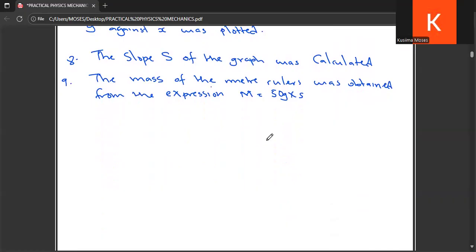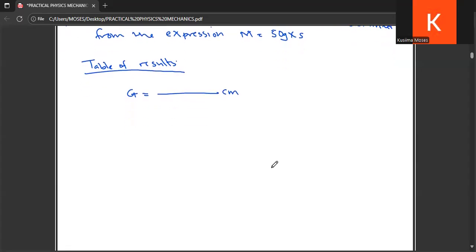After coming up with that, what follows here is supposed to be the table of results. We shall begin with our G, noting our G, that is our center of gravity, which we got in the first procedure. Then we shall have our table here.